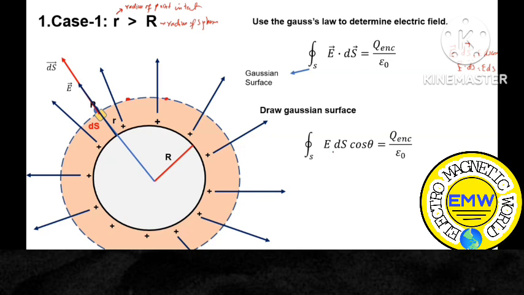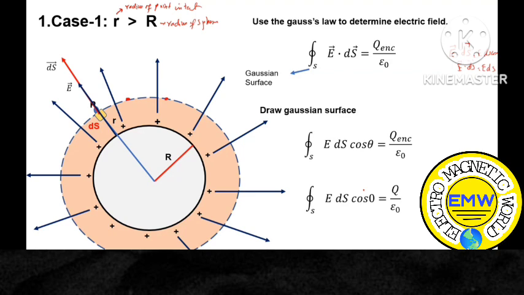The closed surface integral of ds basically defines the area of the surface. What will be the area of a spherical surface? Anyone guess? Sir, 4 pi r square. 4 pi r square. The closed surface area of a sphere is 4 pi r square. So we need to put 4 pi r square here to find the electrical field.